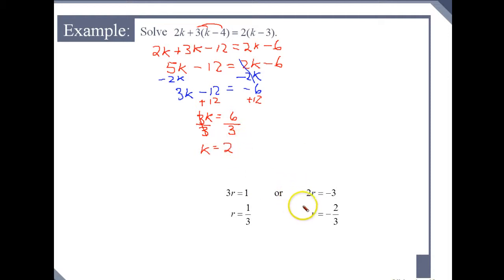I'm not quite sure what this is. Oh, I see. Here they're saying if you had a 3r equals 1, you would just divide by 3. And then that would be r is 1/3. Here you're dividing by 2 to isolate the r. R is a negative... I'm not sure what they did there.